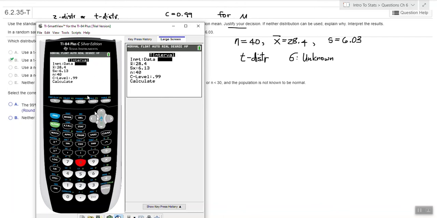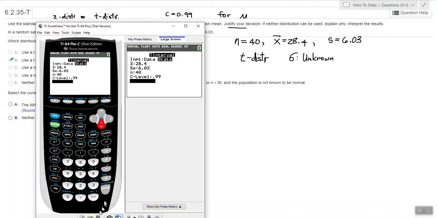And I want to make sure it's in stat, and the sample BMI was 28.4, and the sample standard deviation is 6.03. There were 40 people in the sample, so 40, and the confidence level is 0.99.